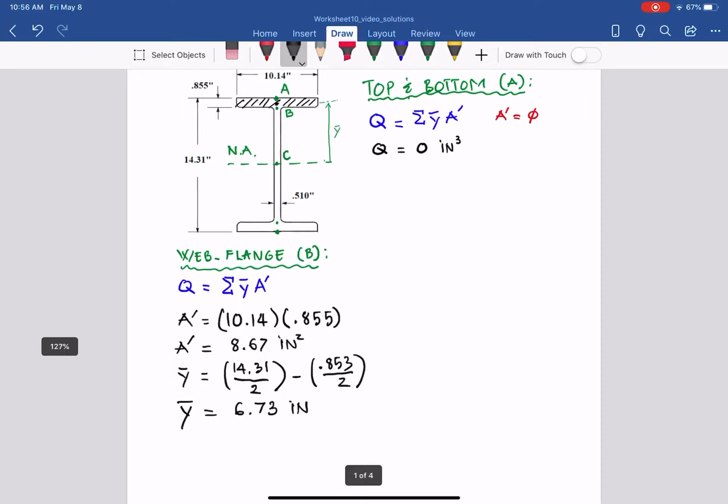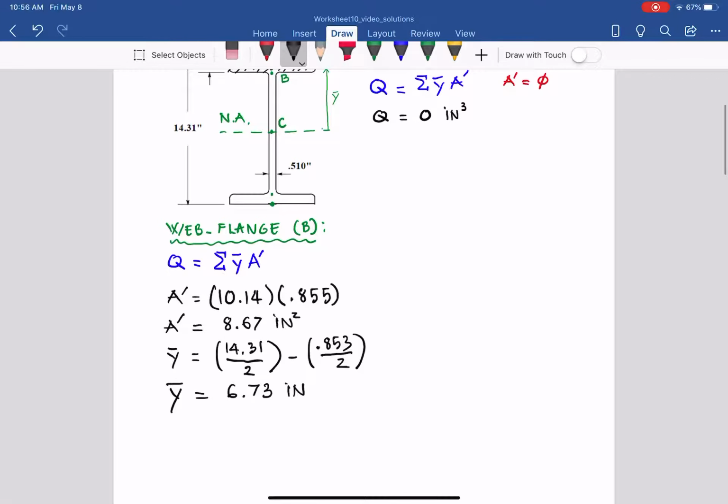inches. So we have y bar and A apostrophe, so we can have Q in this problem, at flange intersection point B equal to only one shape, so you have y bar 6.73 times A apostrophe 8.67.